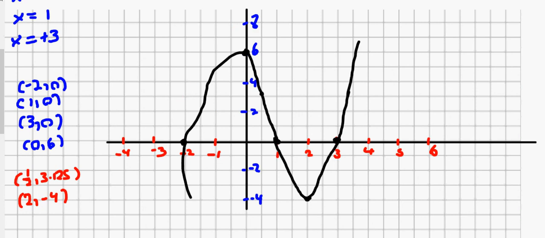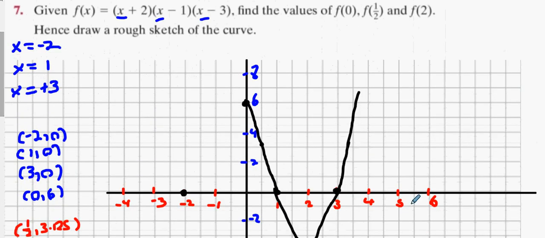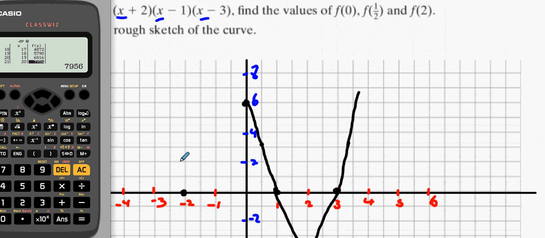So, in a test, because I'm used to using the calculator, what I'm going to do here is I'm just going to lob it into the calculator again. And I'm going to just get bracket x plus 2, x minus 1, and open bracket x minus 3.